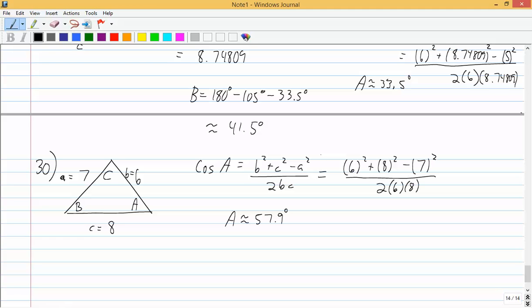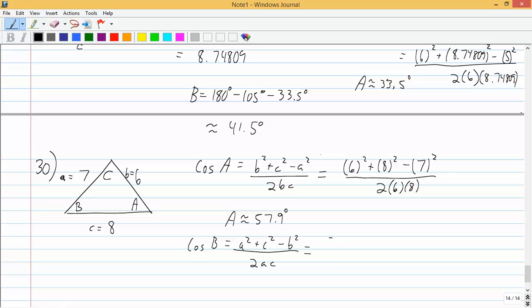Alright. So now we can either solve for angle B or we can solve for angle C. Now it doesn't really matter which angle you solve for. I usually just go with the next letter. So I'm going to solve for angle B. And so the formula that I'll use to solve for angle B is the cosine of angle B equals a squared plus c squared minus b squared over 2 times a times c.